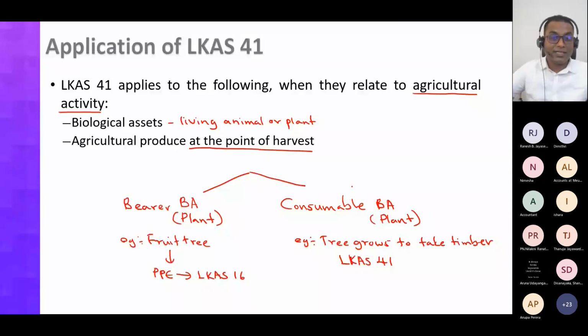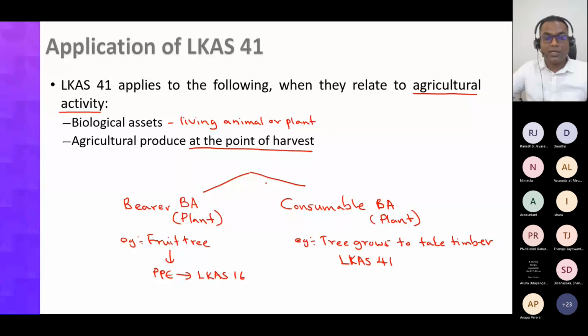So always, that's why I mentioned here, biological assets include living animals or plants. When it comes to animals, LKS 41, right? When it comes to plants, you can have bearer plants or you can have consumable plants. A bearer plant produces agricultural products for more than 1 year. So the bearer plant is accounted under LKS 16, property, plant and equipment, cost model or the revaluation model.